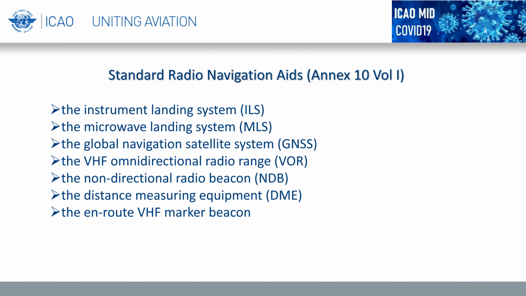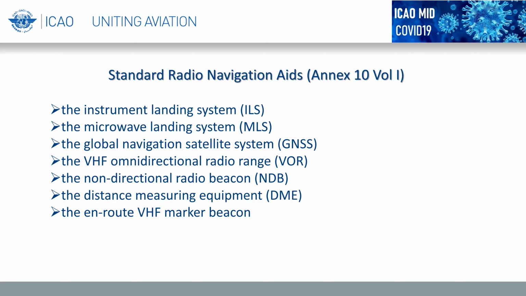Then we have the Global Navigation Satellite System, GNSS. As we know, the standards and recommended practices for GNSS are in place, with augmentation to support PBN operation or implementation. Then we have the VHF Omnidirectional Radio Range, VOR, and the Non-Directional Radio Beacon, NDB.